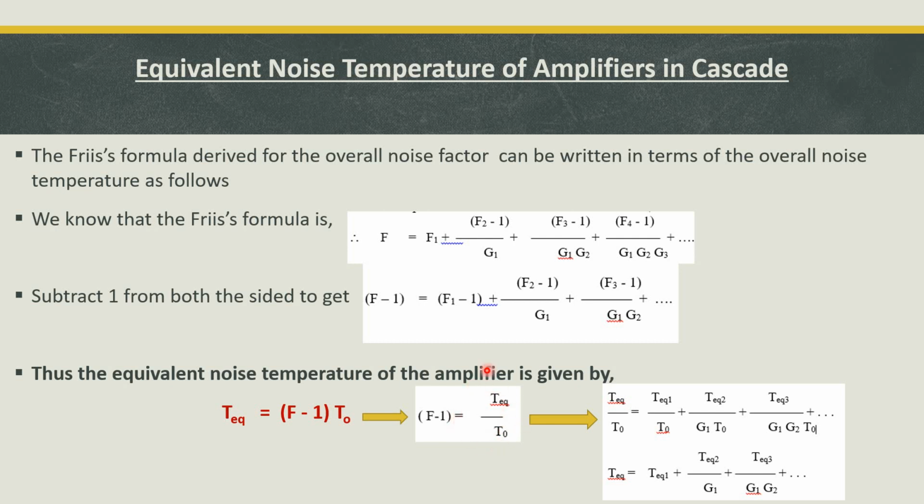Substitute this in the previous equation: T equivalent divided by T0 equals T equivalent 1 divided by T0 plus T equivalent 2 divided by G1 into T0 and so on. Then T0 is the common term, we cancel on both sides. T equivalent equals T equivalent 1 plus T equivalent 2 divided by G1 plus T equivalent 3 divided by G1 into G2. So this is the equivalent noise temperature equation for the cascade connection of amplifiers.